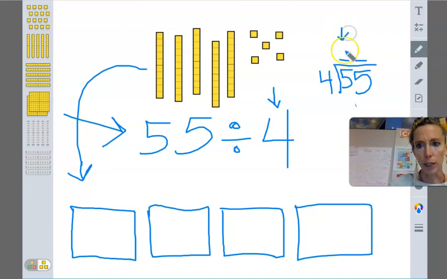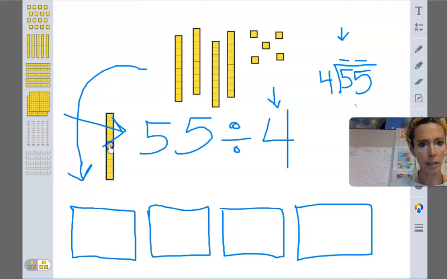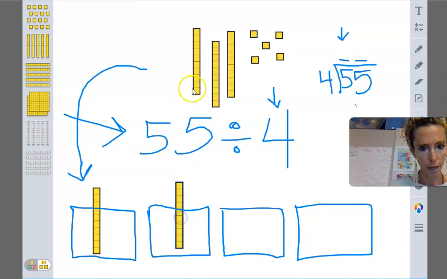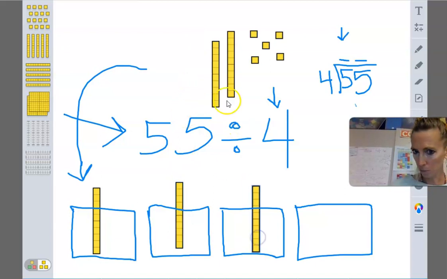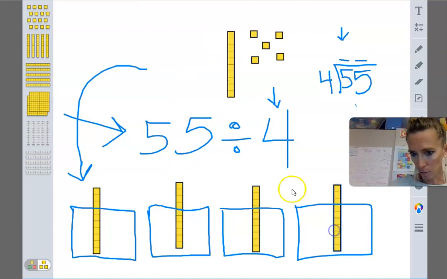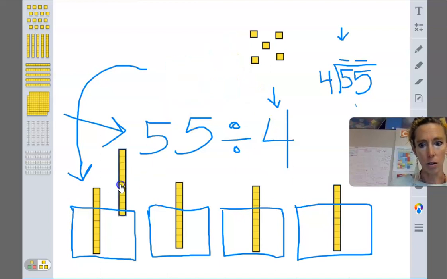Is each person gonna get a 10? Well, let's see. I could take one of my tens, be like, you get 10 pieces. You get 10 pieces. You get 10 pieces. You get 10 pieces. And then, oh dang, no. I'm going to have to split this guy up, huh?